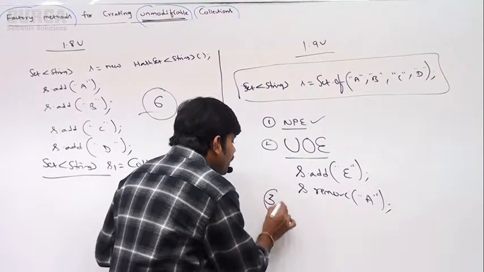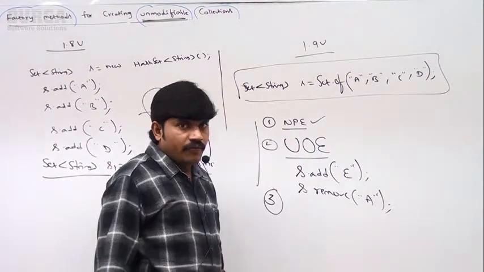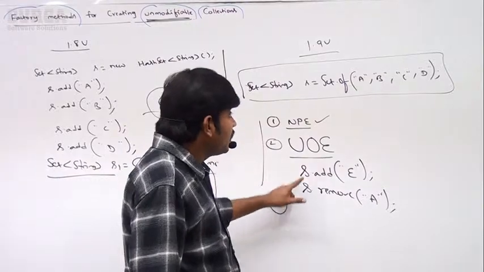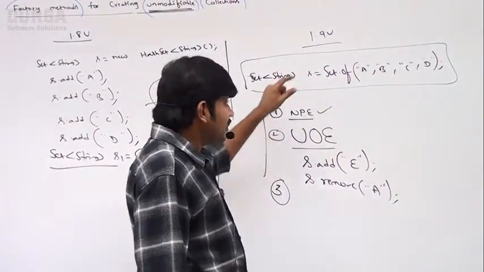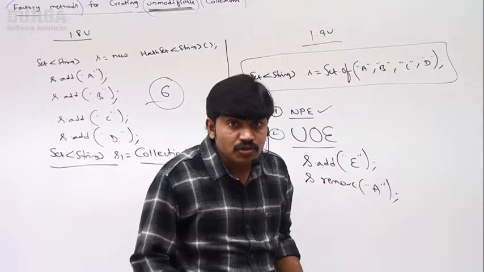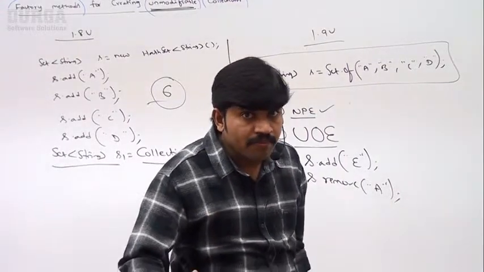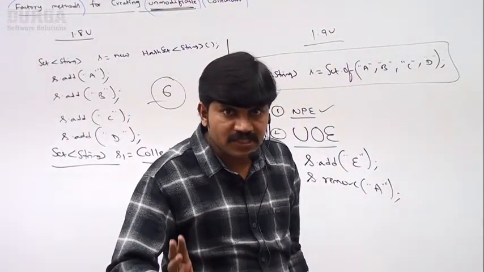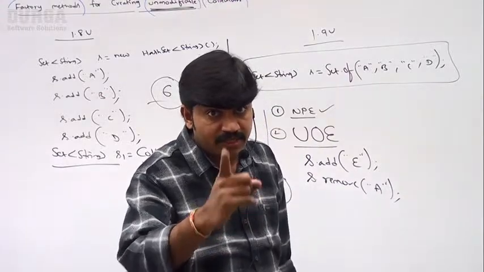Third one, sir, a very important conclusion, make sure. What is the third important one? Basically it is a set, right? Set means duplicates are allowed or not allowed? Respond, man. Duplicates are allowed or not allowed? Not allowed. Set means not allowed.